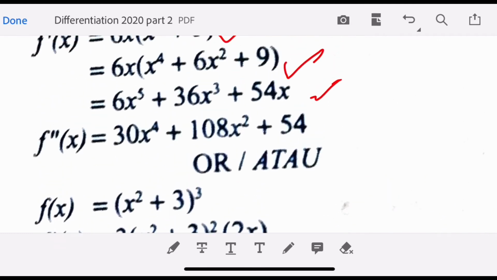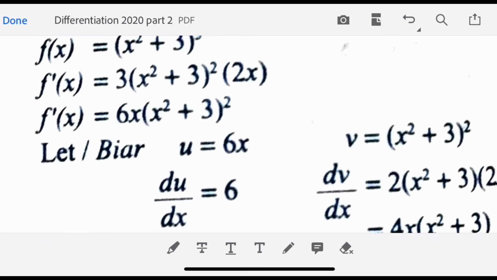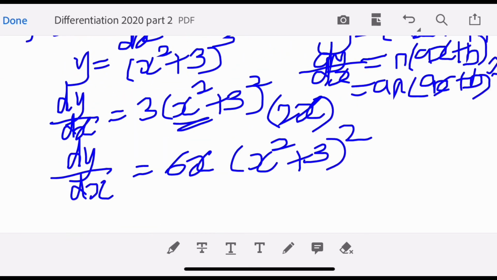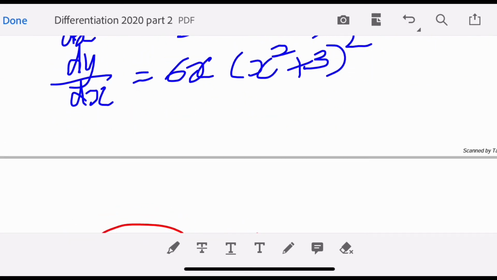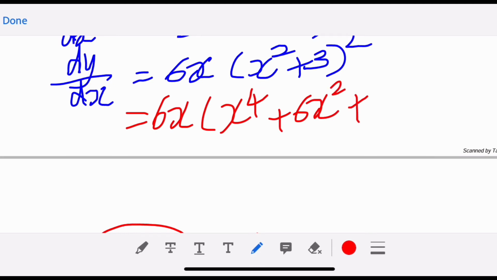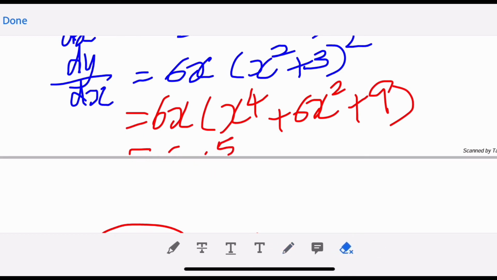I haven't done it yet, so now I'm going to do the second time for the dy/dx, then one more time for d2y/dx squared. Let me just expand the bracket first. x to the 4, then 2 times 3 is 6x squared plus 9. I actually expand, because I don't want to use u times v, a bit troublesome for me.